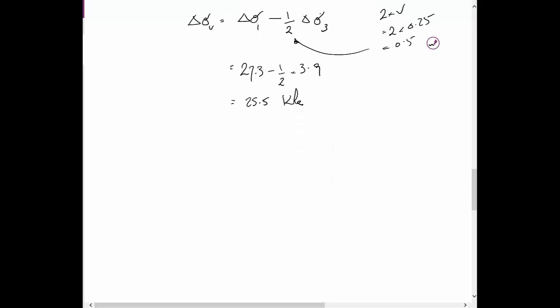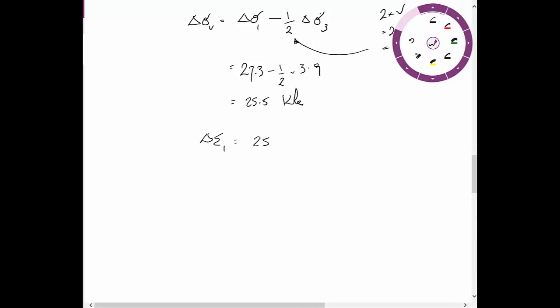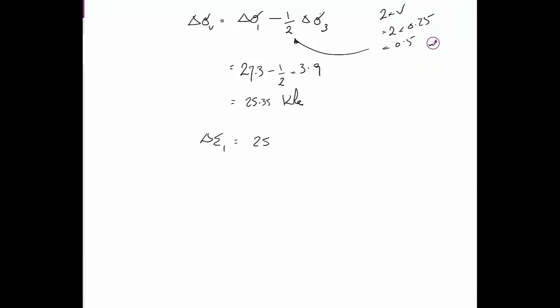Therefore exactly the same as before. The change in the strain vertically equals 25, mistake, 25.35, 25.35 divided by 10 by 10 to the 3, which was just the change in strain vertically divided by the effective modulus, and that all equals 2.535 by 10 to the minus 3 strains.